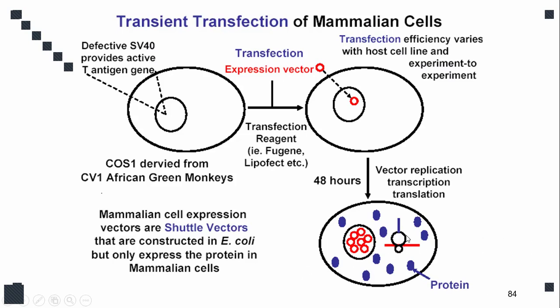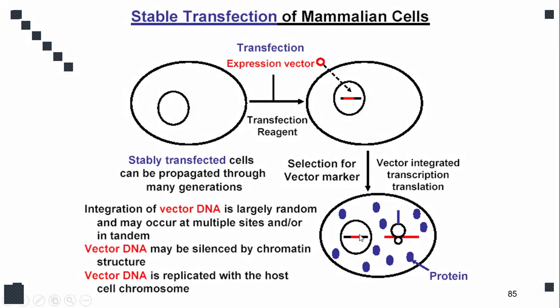The protein system is complex, and all these blue dots are the proteins that have been produced. Now, remember, they are standing by themselves inside the nucleus. They do not integrate into the host genome. That's the difference. Now, let's move to the next.